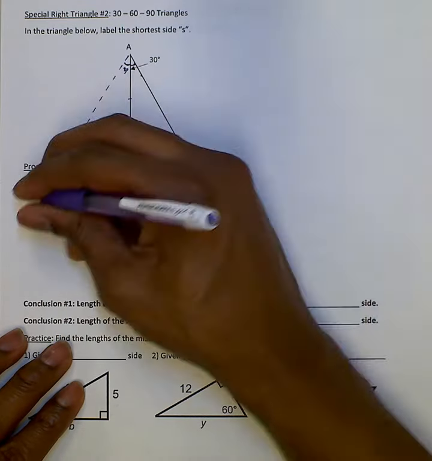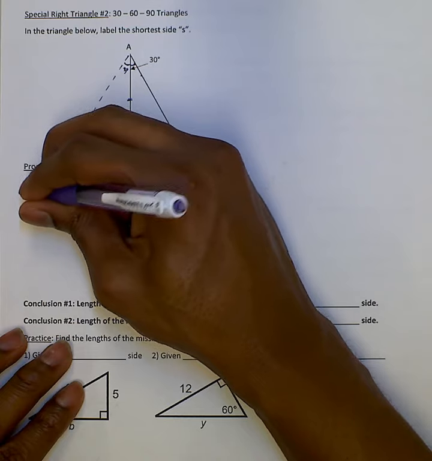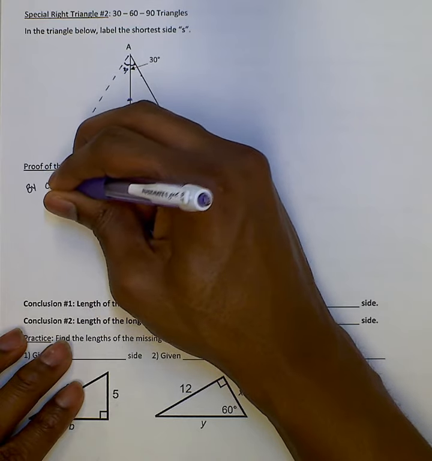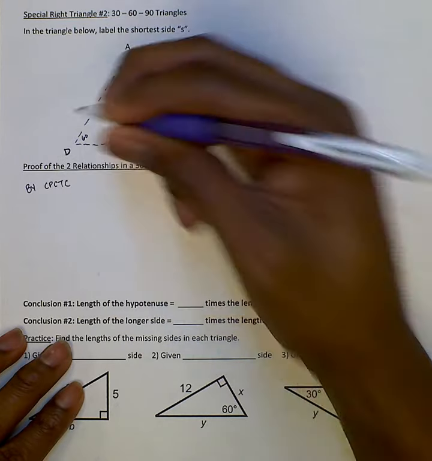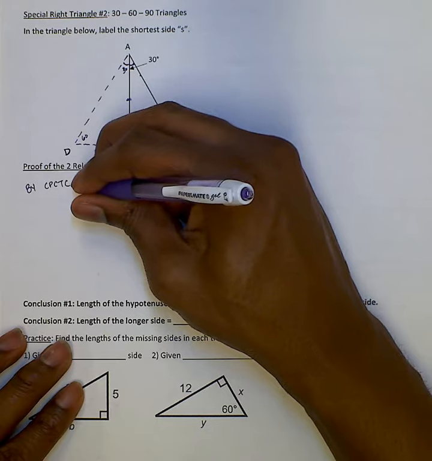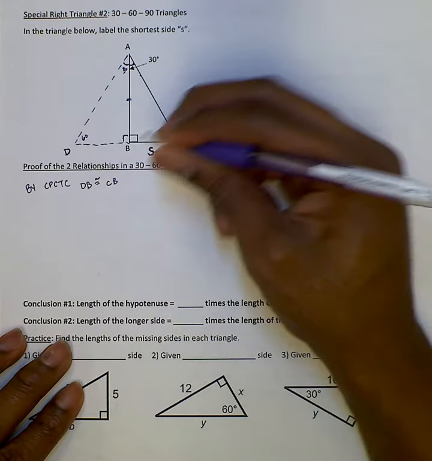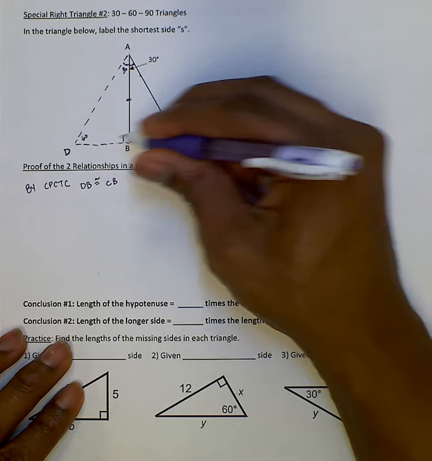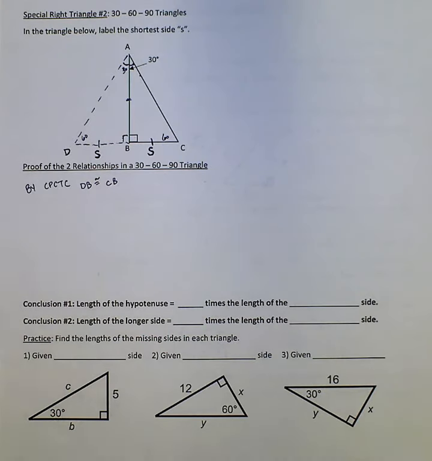Since we just showed that these two are congruent by angle, side, angle, then by CPCTC, corresponding parts of congruent triangles are congruent, we can tell that, I'm going to label this D, that DB is congruent to CB. If they're congruent triangles, then these two corresponding parts are congruent.